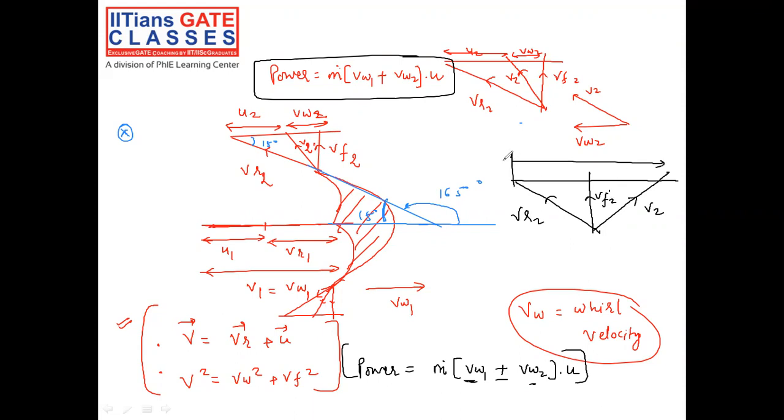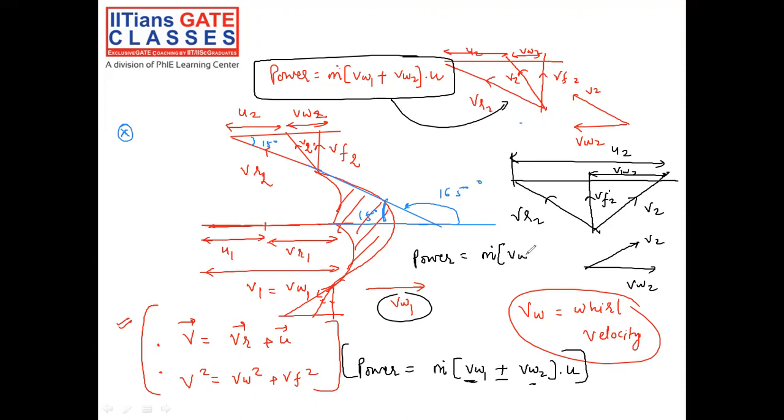V2 and VR2, the distance here will be U2, and here also V omega 2. Now, if you look at the horizontal component of V2, V omega 2, it is in the same direction as V omega 1. In that case, the formula for power will be mass flow rate. Whatever I'm writing now will be the power formula for this velocity triangle.